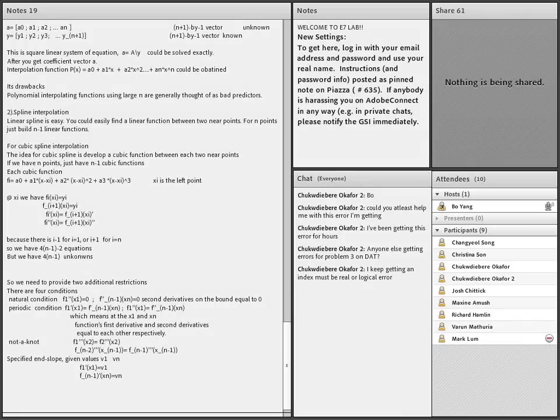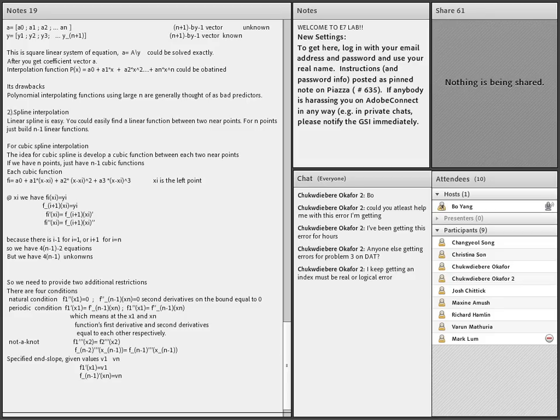After adding these two additional restrictions, we have 4n minus 4 unknowns and 4n minus 4 equations. So we have the same number of unknowns and equations. So it is square linear equations again.